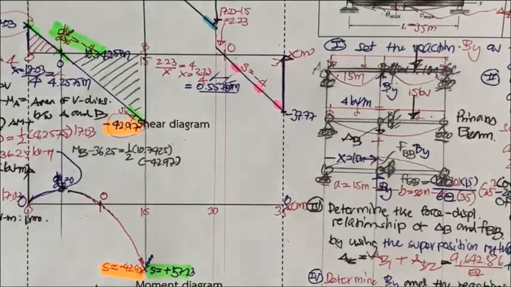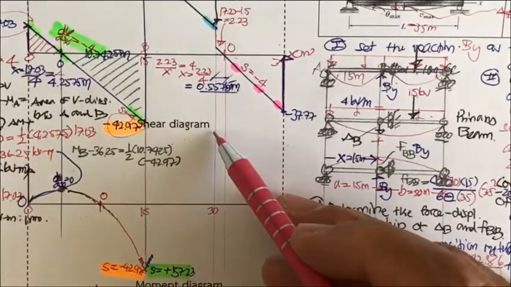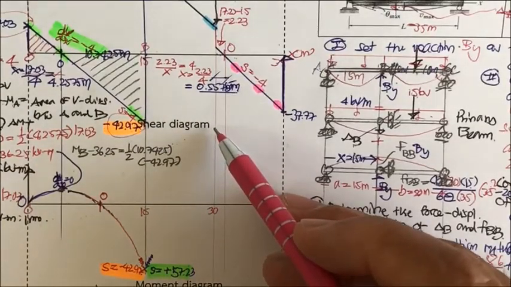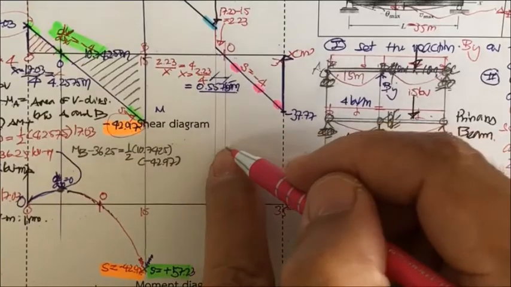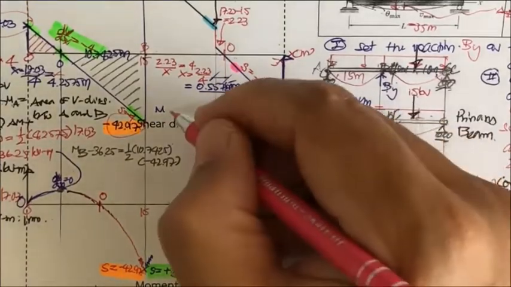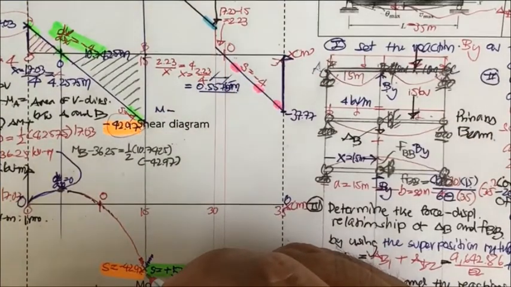Okay, and what is going to be here? It's going to be somewhere here. What is going to be the moment here is the m at this point, minus m at this point.